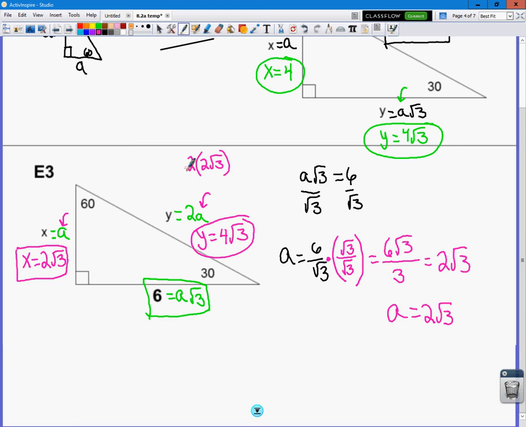We simply multiply the 2 times the 2. This one is only harder because I had the square root in the denominator. And if it's in the denominator, I'm going to multiply by whatever that square root is. I'm going to multiply by it divided by itself. It gets it out of the denominator.